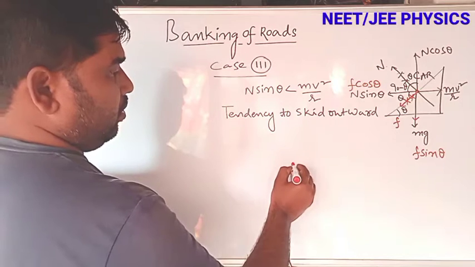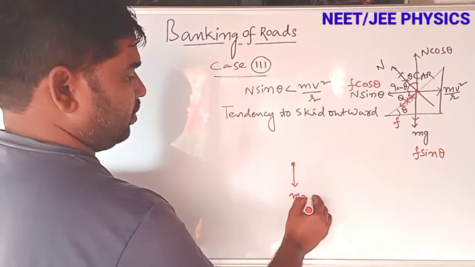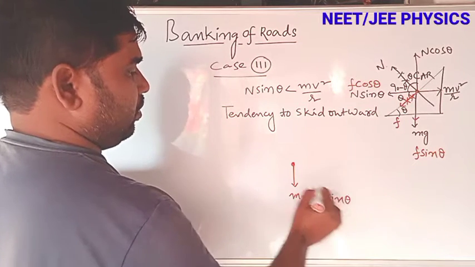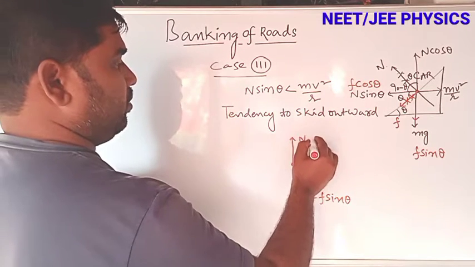Take this free body diagram for this car. Simply, downward mg plus F sin theta is acting, and upward N cos theta is acting.